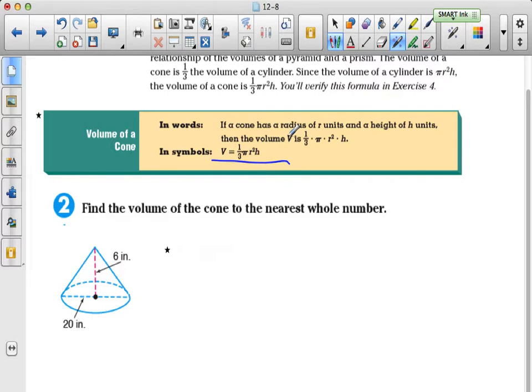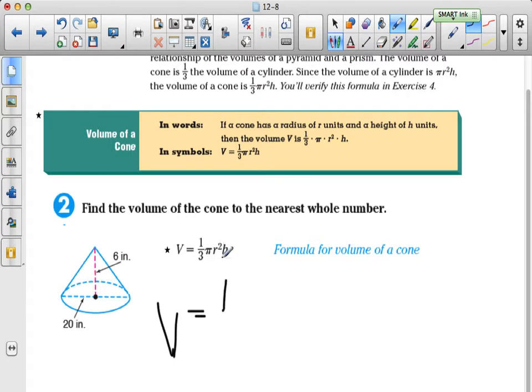Now let's find the volume of a cone in example number 2. You have 1/3 pi r squared h as the formula, and then simply substitute the values. So volume equals 1/3 times pi times r squared. Since you're given the diameter, and the diameter is 20 inches, our radius is 10 inches.